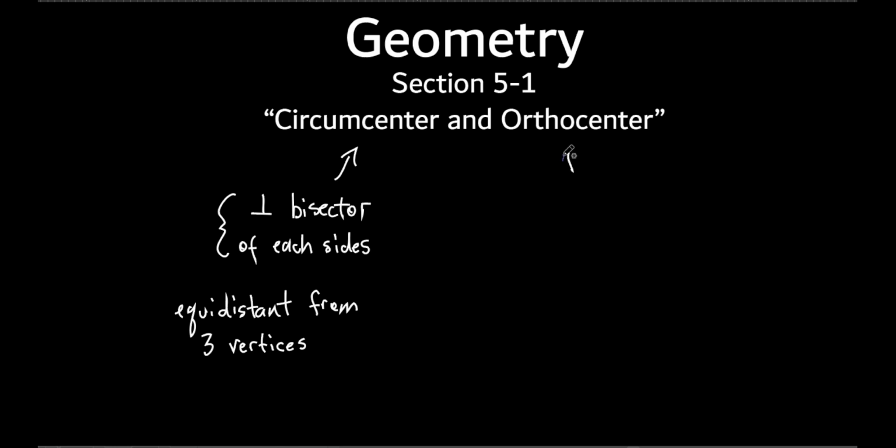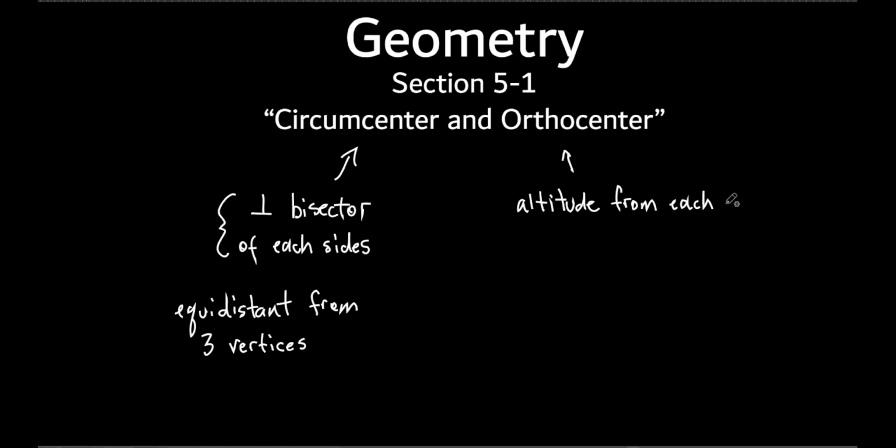Now, how did we find the orthocenter? We drew an altitude. Altitude from each what? I should say this. The altitude to the opposite side of each vertex.